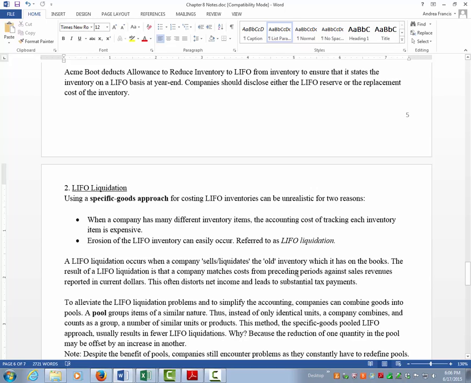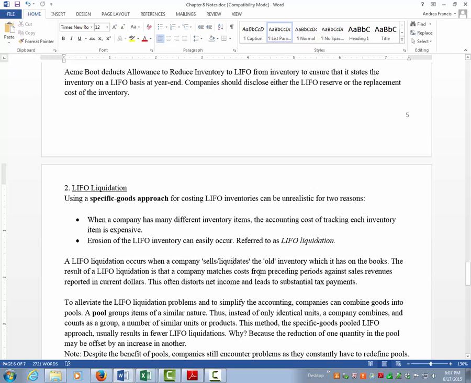What then happens is that the company has a lower cost of goods sold number than it would have had if it didn't have this liquidation take place. Because of that lower cost of goods sold, the company has higher net income, and that higher net income ends in a larger tax payment. So a liquidation is something that a company would definitely want to avoid.